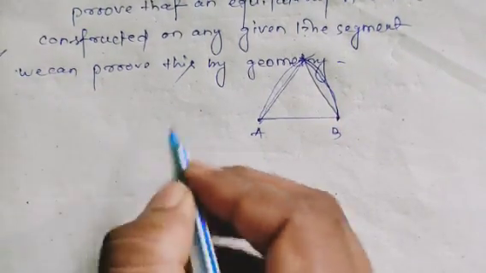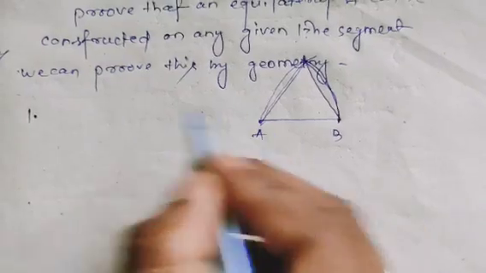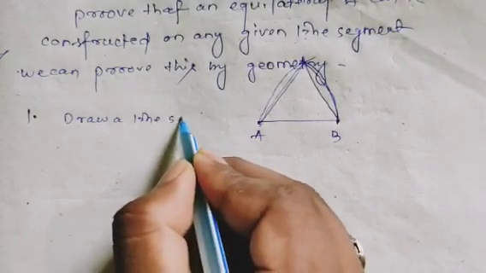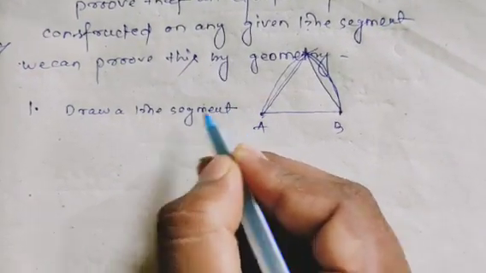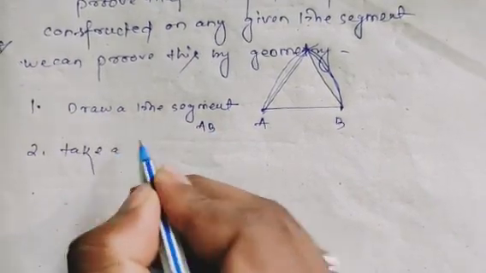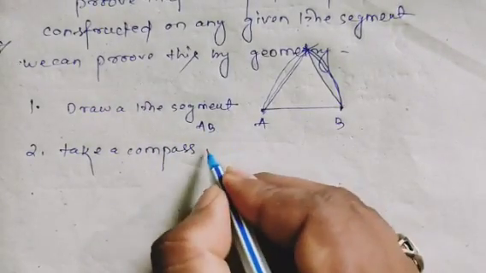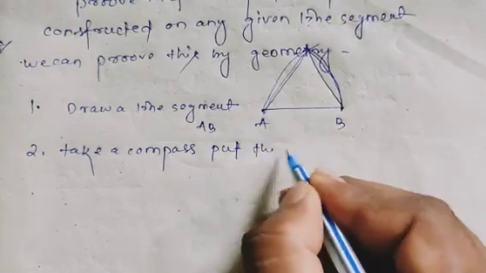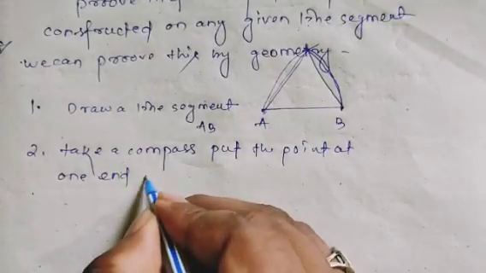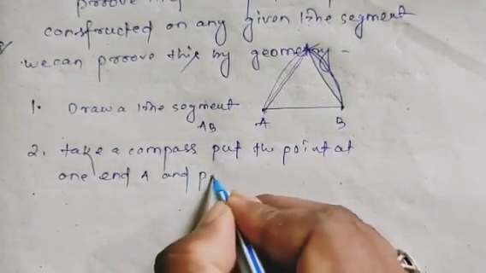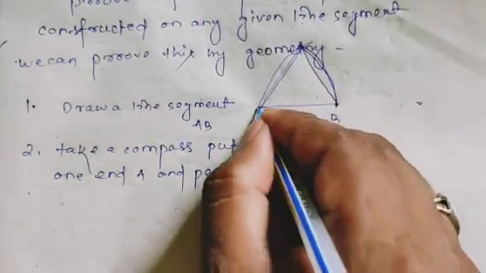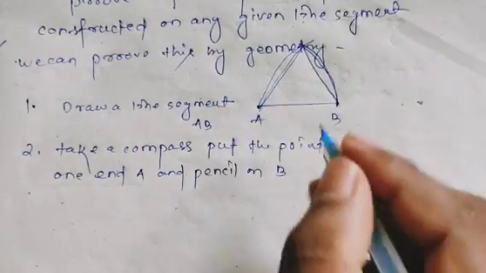Step number 1: draw a line segment AB. Second, take a compass, put the point at one end A and the pencil on B. So you have to put the compass over here, with the pin here and the pencil here.